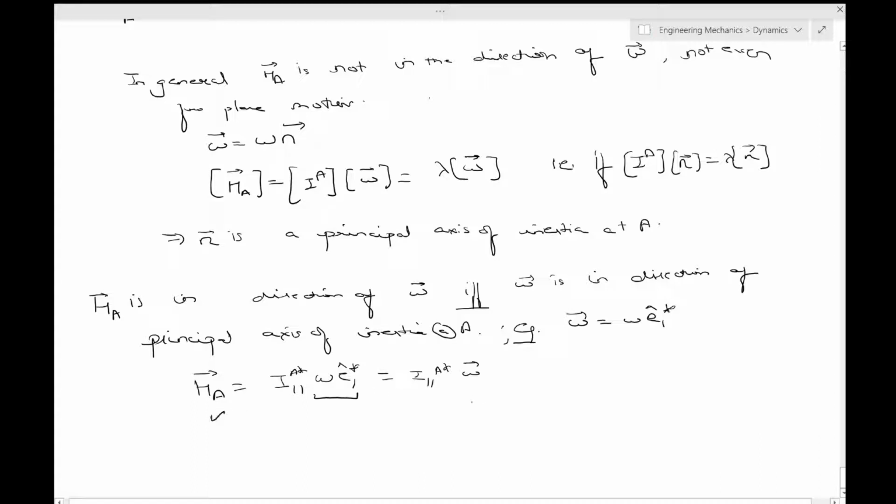So over here HA and omega are in the same direction.